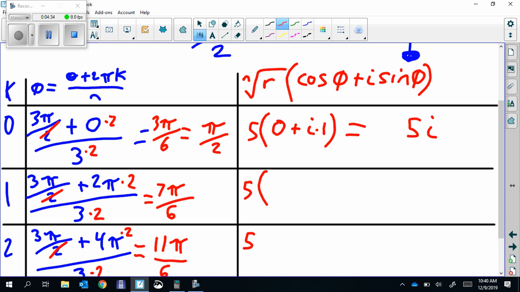7 pi over 6, that's quadrant 3. Over 6, so that's your ring finger if you're doing a finger trick. So it's root 3 over 2 and 1 over 2. And it's quadrant 3, so it's negative, negative. Distribute.